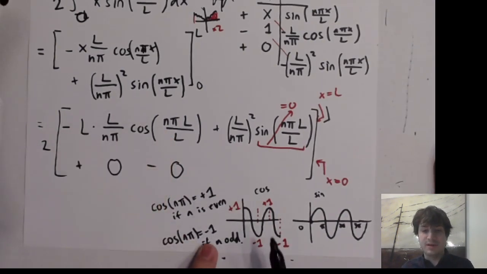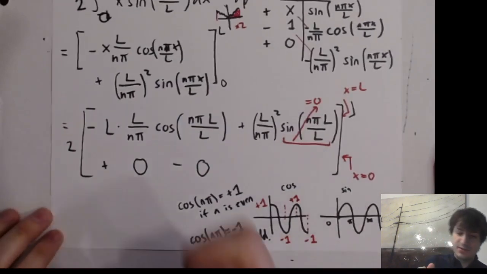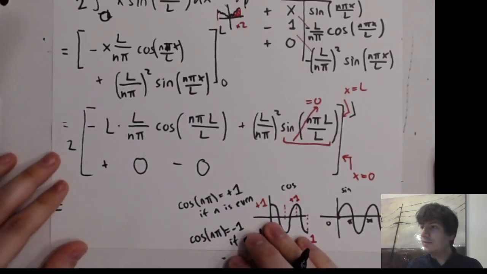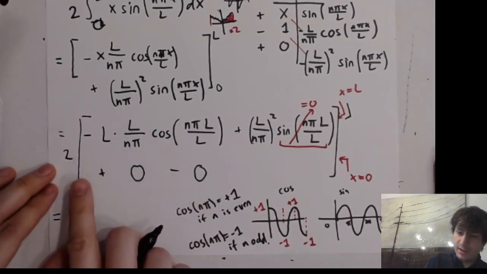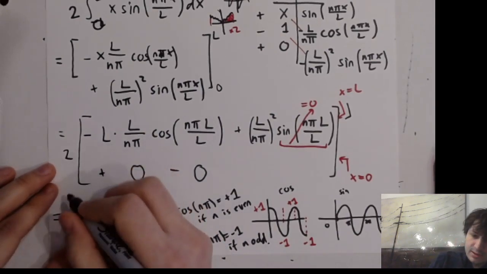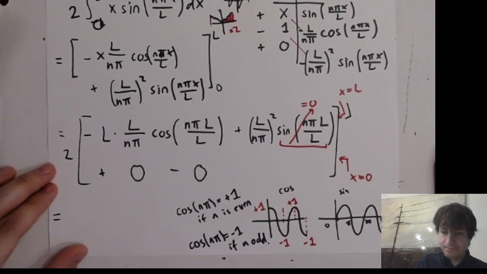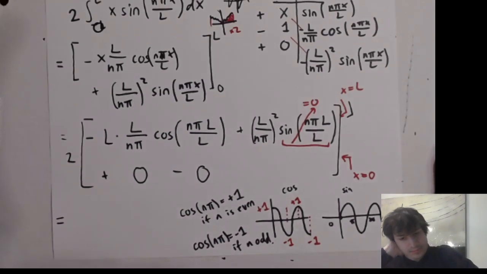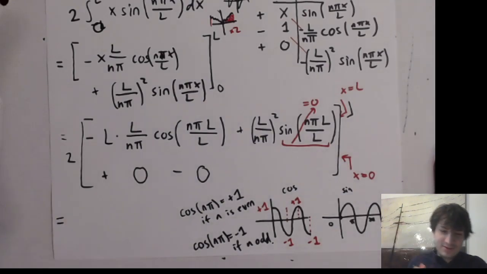So in this problem, we have the cosine of n pi, and so it's going to be plus 1 or minus 1, depending on if it's odd or even. So I think the final answer is, let's make sure we do it right. Is there a mistake somewhere? Maybe you guys can see. No, I think it's okay, actually. Okay, good.